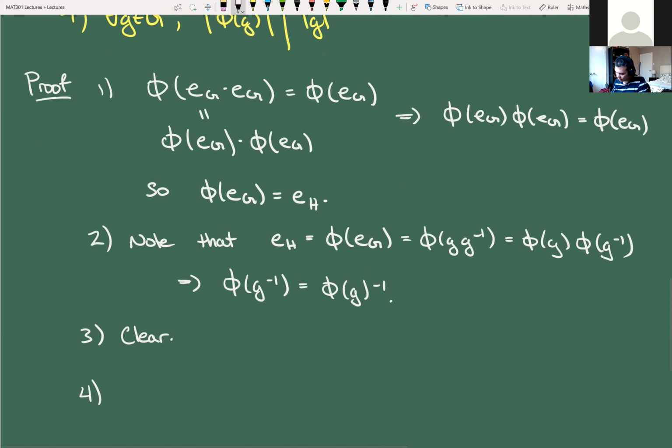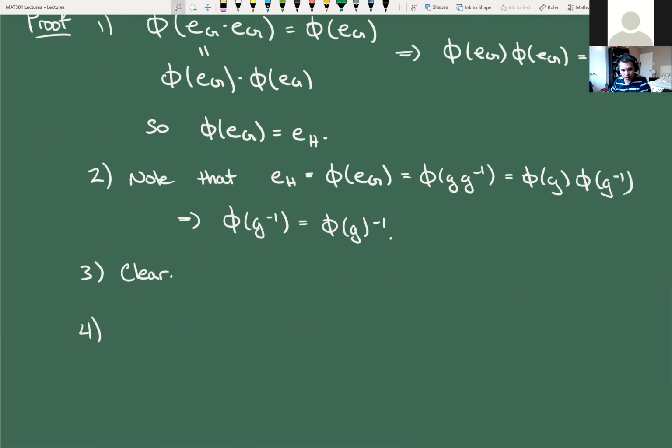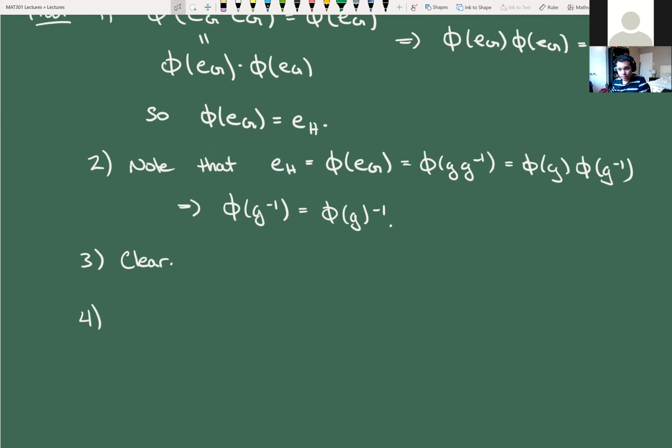And then 4. Here's where things go a little bit wonky, and we're like, okay, maybe we need to refine our intuition for a group homomorphism just a little bit. So we want to show that the order of phi of g divides the order of g.